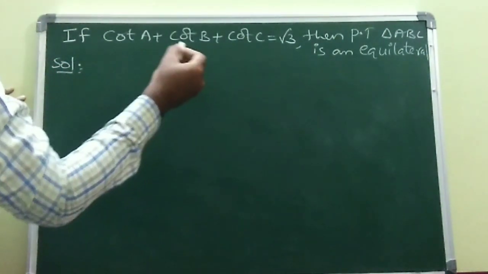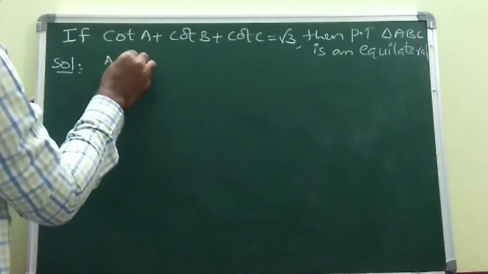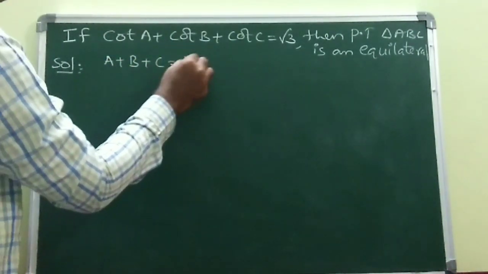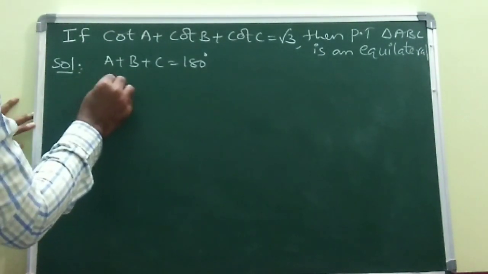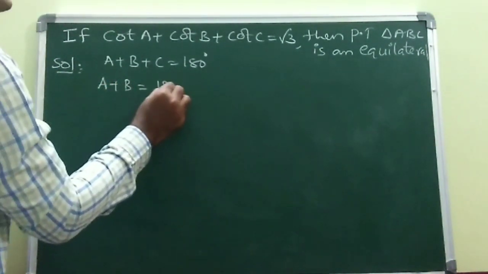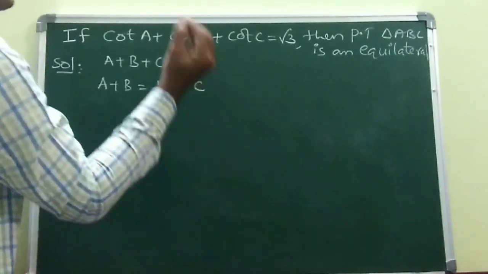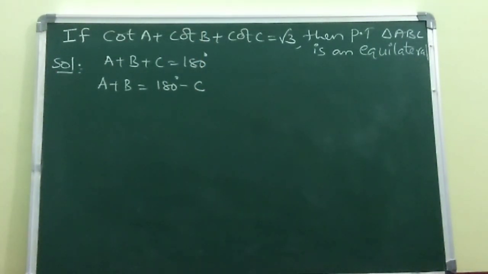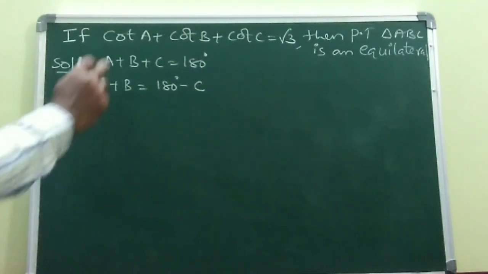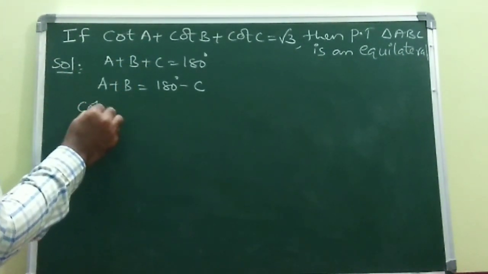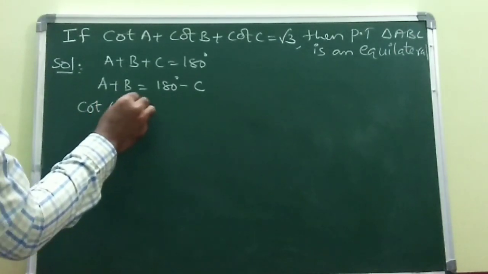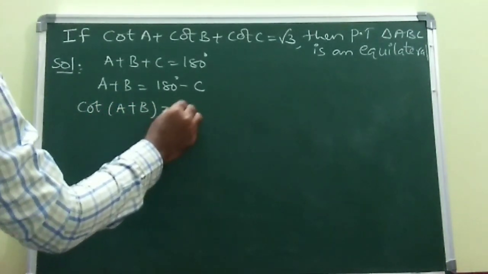Since A, B, C are the angles of a triangle, can we write the sum of the angles is 180? A plus B plus C is equal to 180 degrees. And from this, A plus B is equal to 180 minus C. Since the problem involves cot, taking cot ratio on both sides.